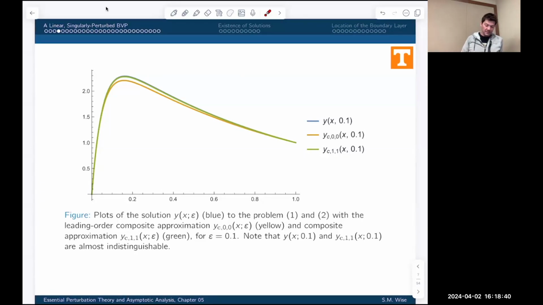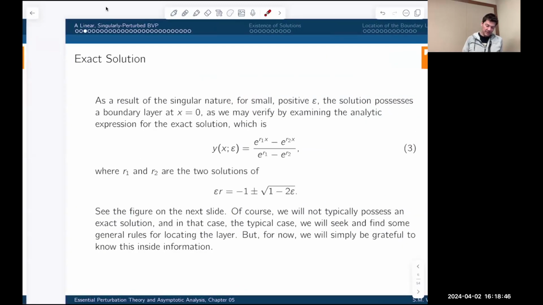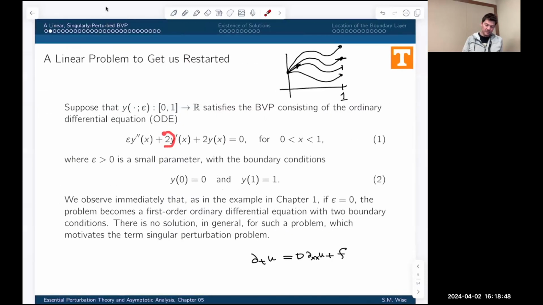Okay, so the reason the boundary layer forms here and not here or anywhere else is precisely because of the structure of this multiplier, this term here. The fact that this is a 2 and not a -2 means that we're going to have a boundary layer at the left. If it was -2, it turns out it's going to be at the right.